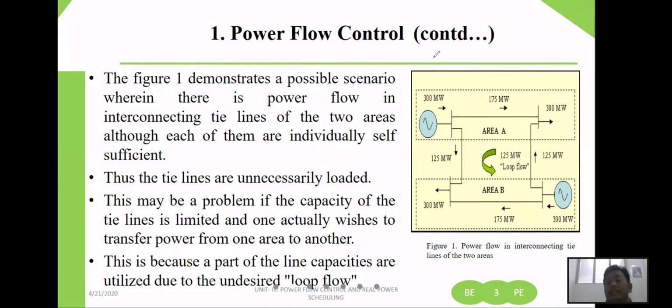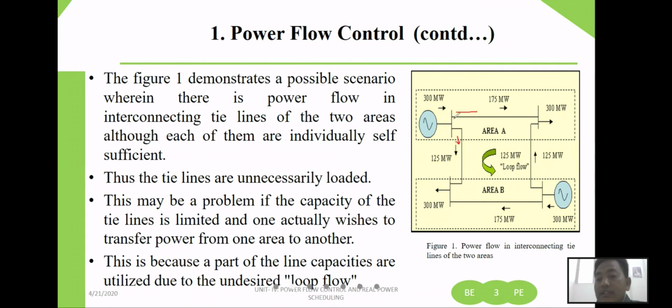But if you install an AGC, it will try to control only the total power generated and transferred. It will not control the individual path. It will not be able to handle an individual part. It will only try to control the overall power flow. Let's say here 300 megawatt, and then we need 175 here and 125 here.